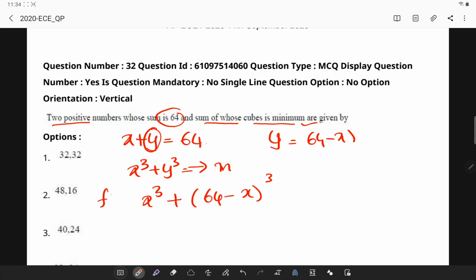So this is my function f of x. Now if I take the derivative, f dash x, I will be left with 3 into x square plus 3 into 64 minus x whole square into minus 1.